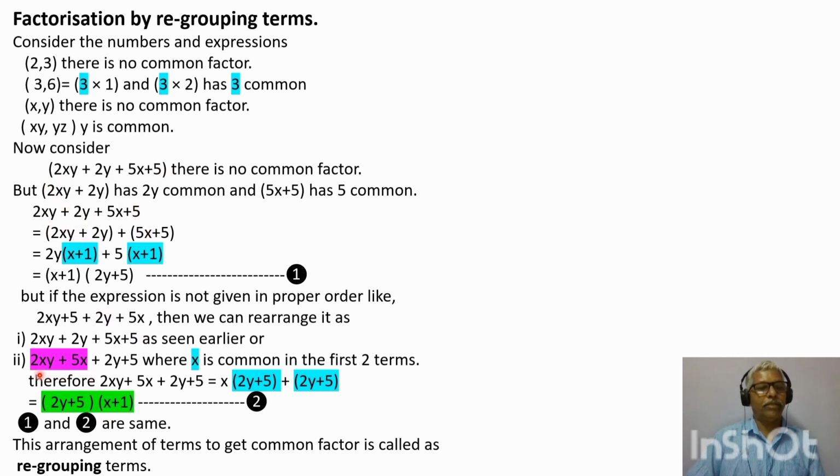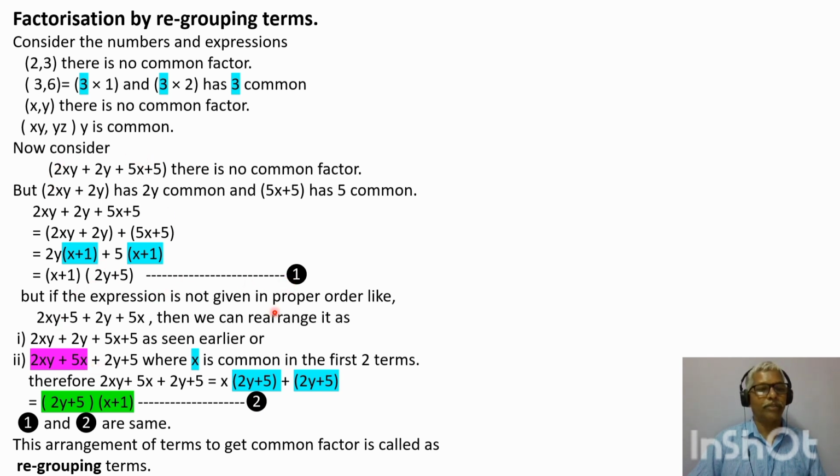Or second, we can take 2xy plus 5x and keep the two terms 2y plus 5 like that. And now there is x common in the first two terms. This we have solved. We got the answer.